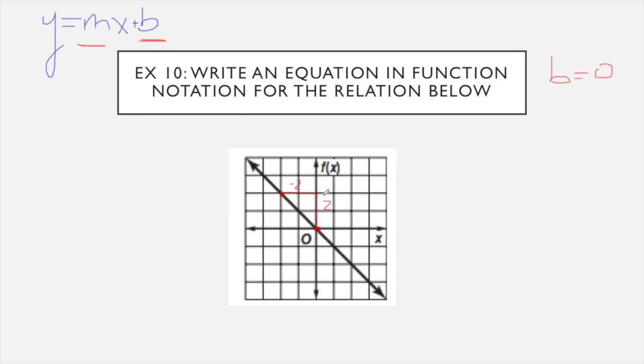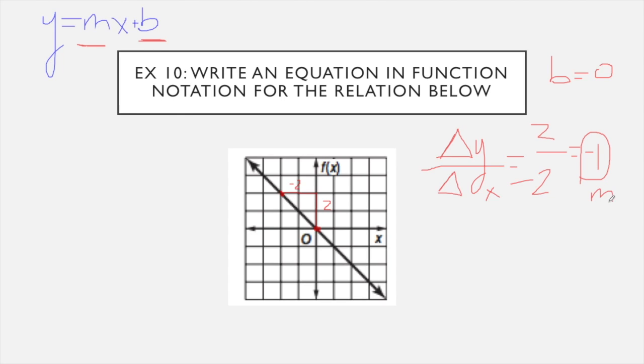So 2 divided by negative 2, my slope is change in y over change in x. So my change in y I said was 2. That's my rise. My run was a negative 2. So 2 over negative 2 is a negative 1. So that turns out to be my slope, a negative 1.